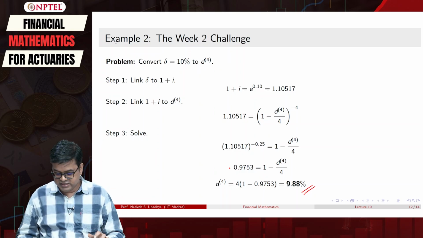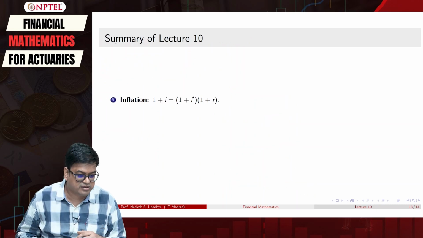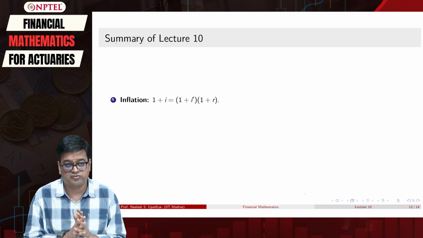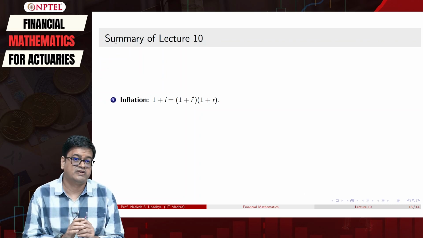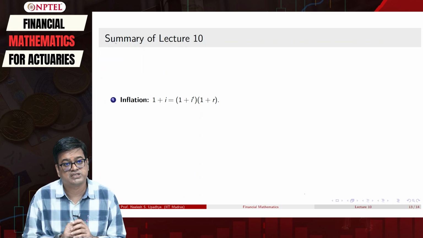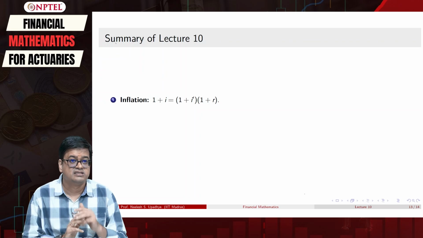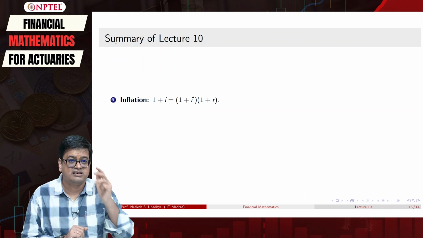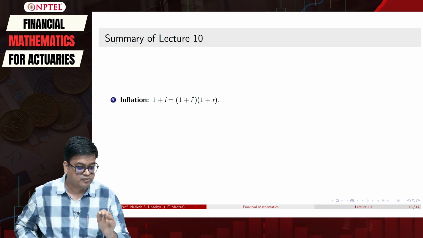Okay. So now we have covered roughly everything. So let us summarize what we have learned today. First, we introduced the factor of inflation. Based on the factor of inflation, we derived the Fisher equation, which actually relates three critical components: one, nominal interest rate; second, real interest rate; and inflation rate with this relation.